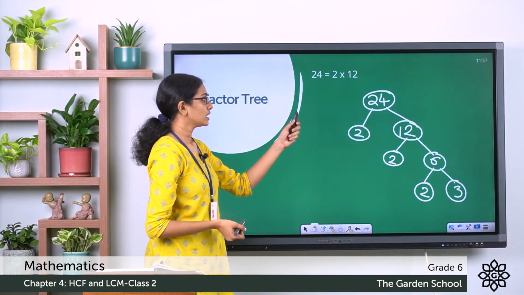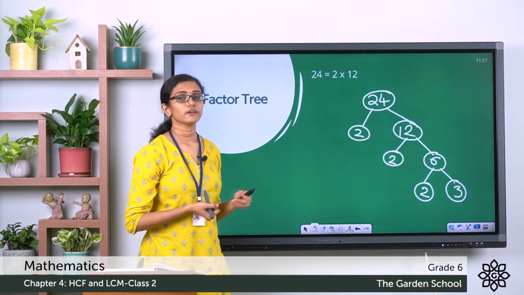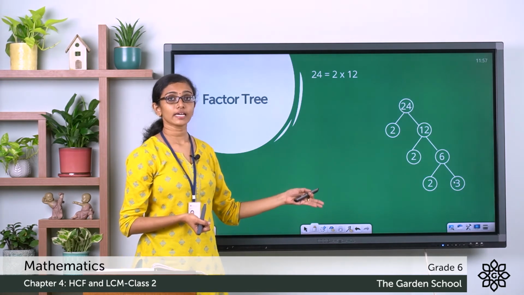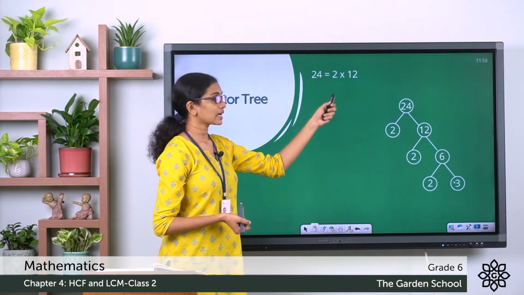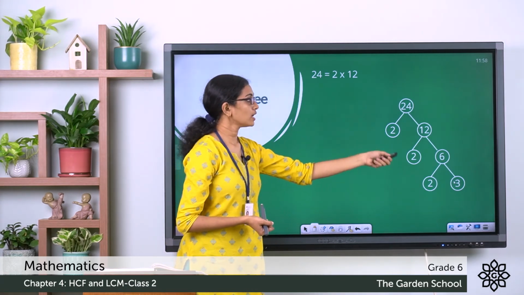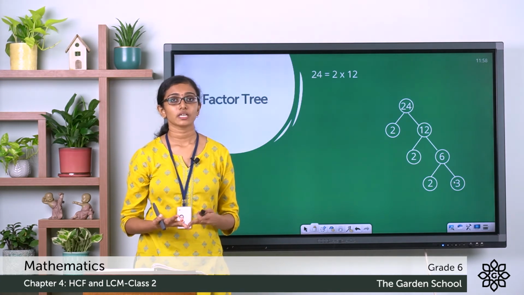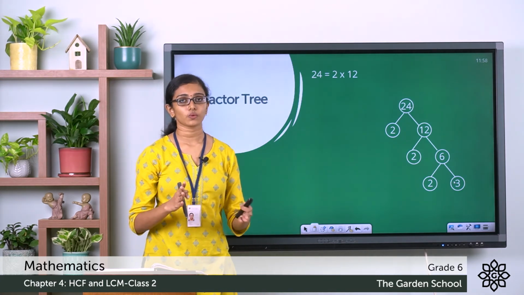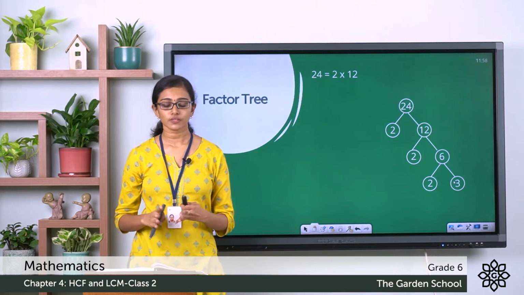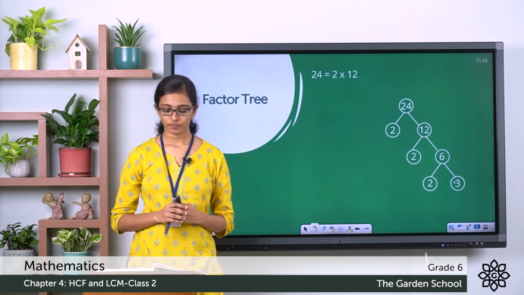See, we represented the prime factorization of 24 using a factor tree. So the final tree-like diagram, or factor tree, for the prime factorization of 24 using the factors 2 and 12 will look like this. Now you can draw different factor trees while considering different factors for the same number. You can see the other two possible factor trees for the number 24 in your textbook, given on page number 49.